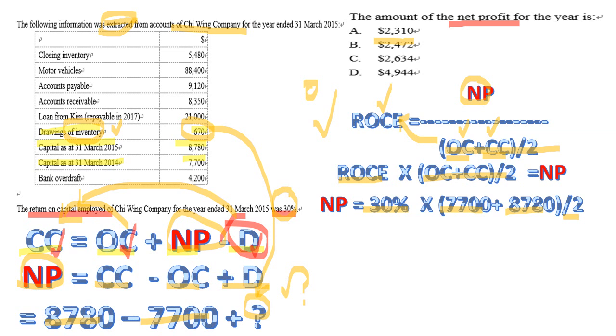Return on capital employed equals 30%, opening plus closing divided by 2. So we can calculate this figure. We cannot calculate by means of the other formula, because we do not know exactly if there are drawings of cash, as this is not the full information. So we have to make use of this formula to calculate net profit.